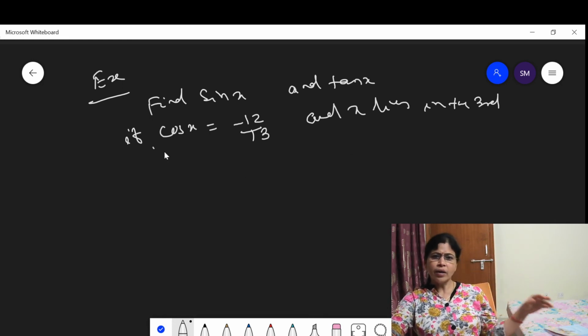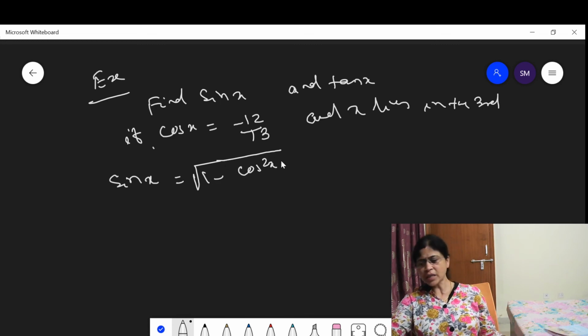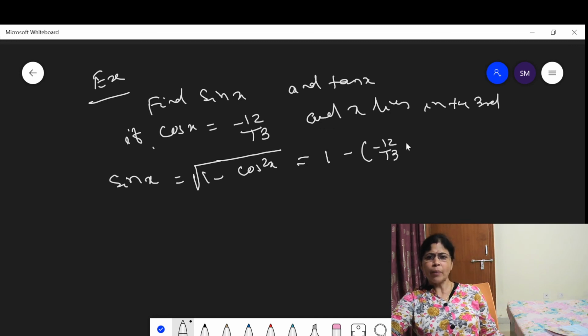But now let us discuss. Here cos x is given. You have to find out the value of sin x. According to the identity, sin square theta plus cos square theta is equal to 1, so sin x is equal to square root of 1 minus cos square x, which is equal to square root of 1 minus (12 upon 13) whole square, which is equal to square root of 1 minus 144 upon 169.